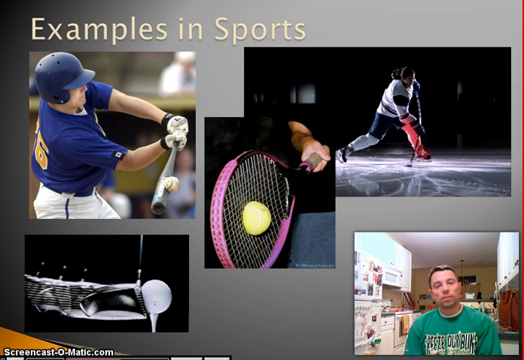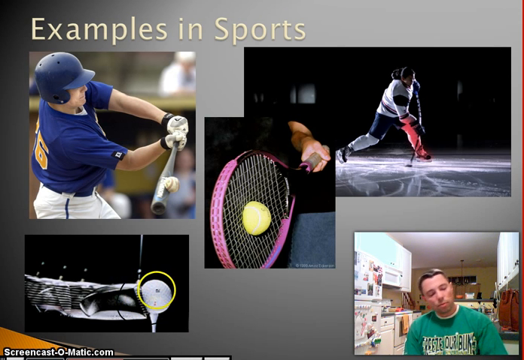So I picked a couple of different sports pictures because, again, that was one of the things that I talked about in the introduction video. Momentum is one of those things that we see all the time in our various sports, and it's about contact time and the amount of force that we can put to change the momentum of whatever it is that we're trying to hit. If we kind of work in this fashion here, this is probably my favorite one right here because I'm kind of the golfer.